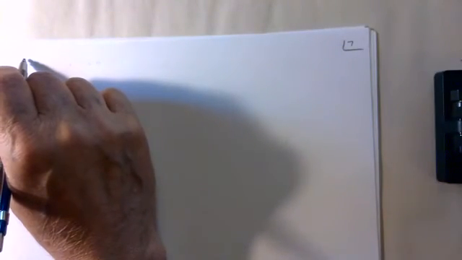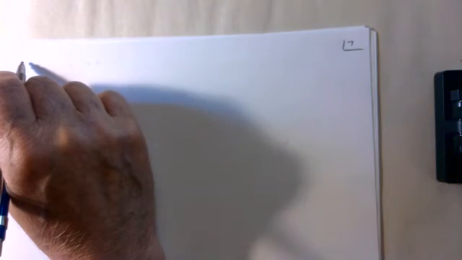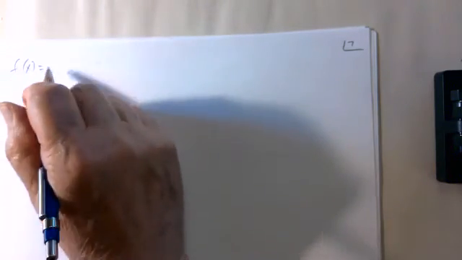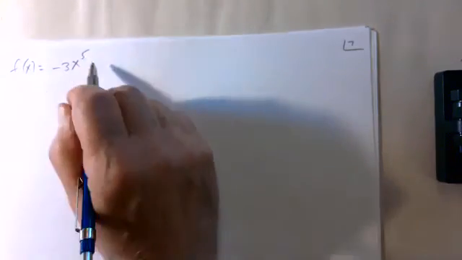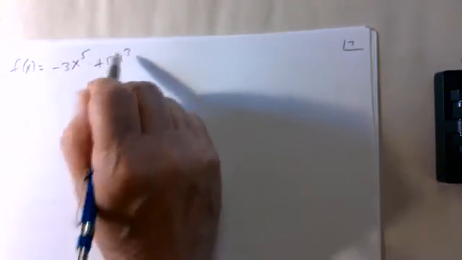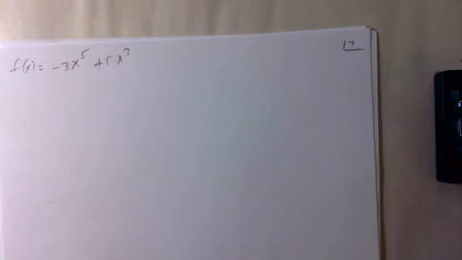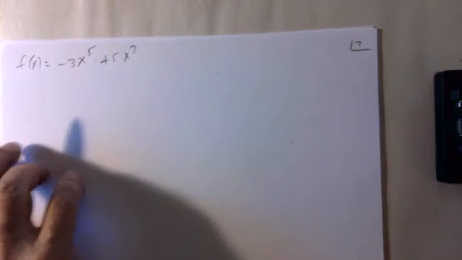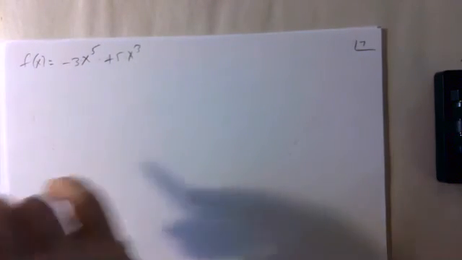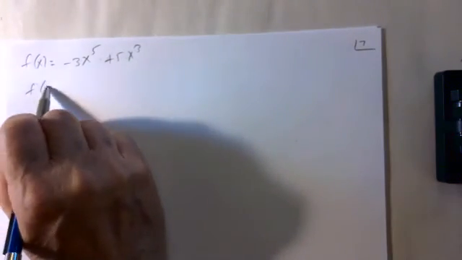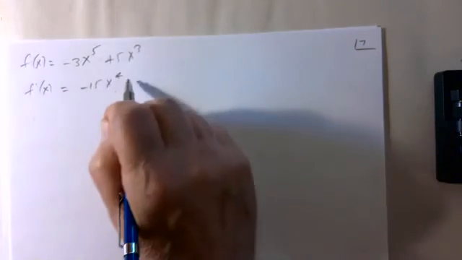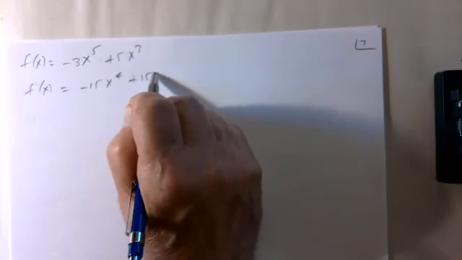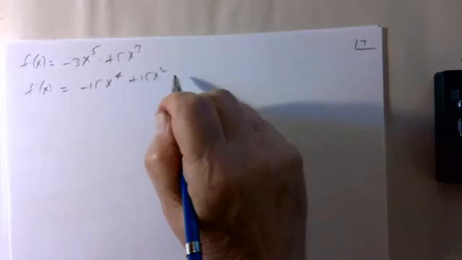So here we have the function f of x equals minus 3x to the 5th plus 5x cubed. We want to find the relative extrema. That means maxima or minima. So what's the first derivative? Minus 15x to the 4th plus 15x squared.